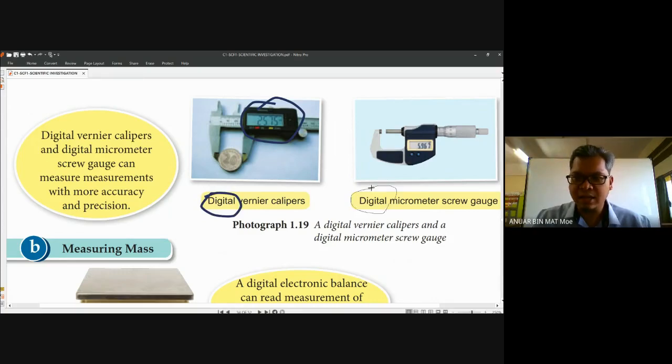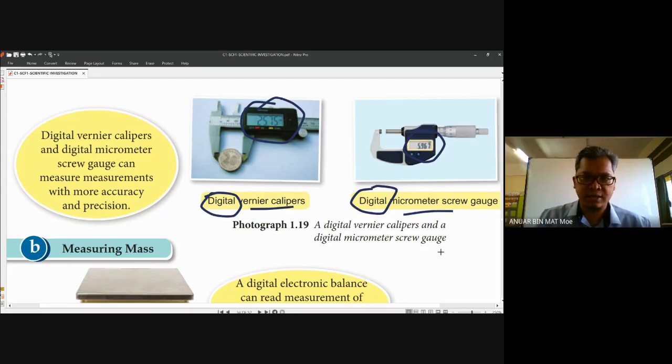The first one is analog because you need to read the scale. This one no need, because it already gives you the number here. So this is a more precise, more accurate measuring instrument. Okay, this one is a digital vernier caliper and a digital micrometer screw gauge.